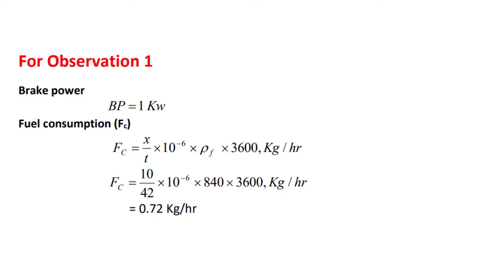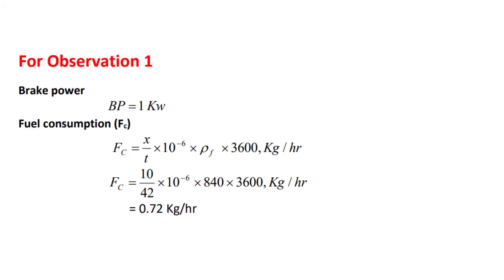Here x is 10 ml, and t is the time taken, 42 seconds for the 10 ml for 1 kilowatt. The rest we put as per our given data, and we find the fuel consumption, that is 0.72 kg per hour.